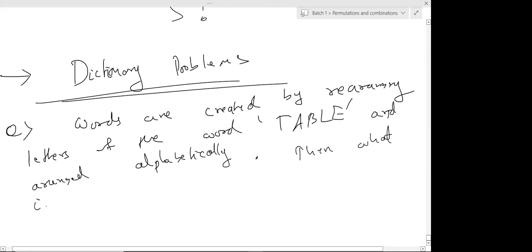Then what is the position of the word table?